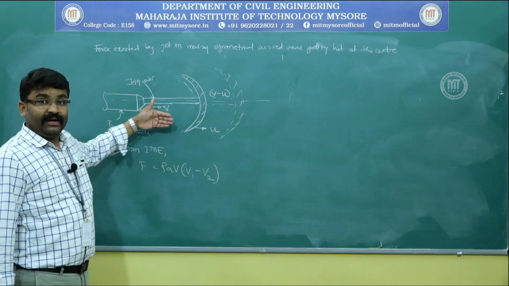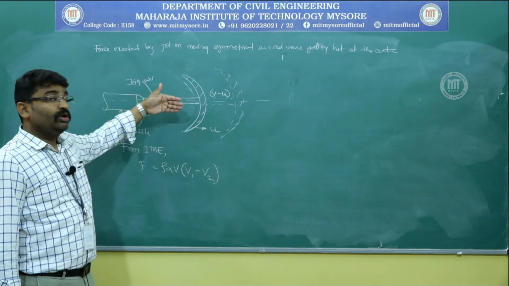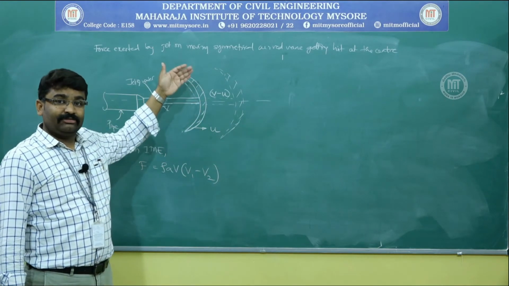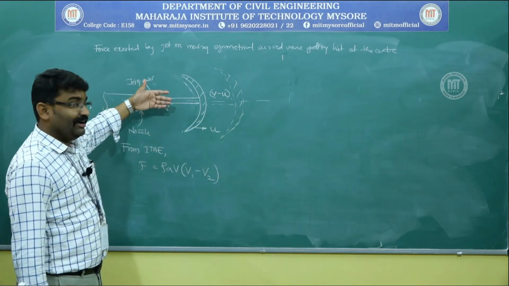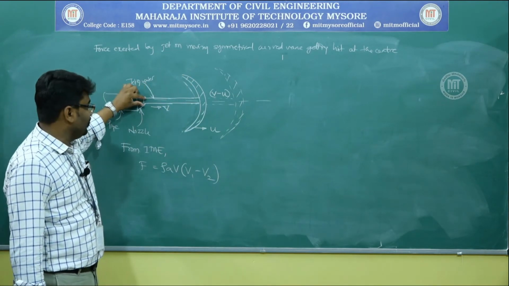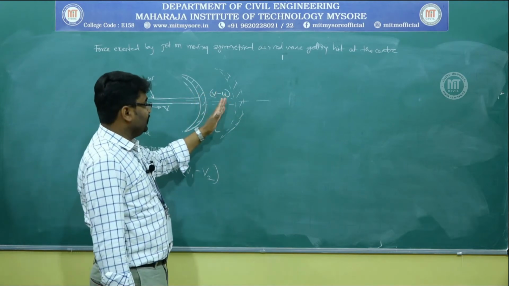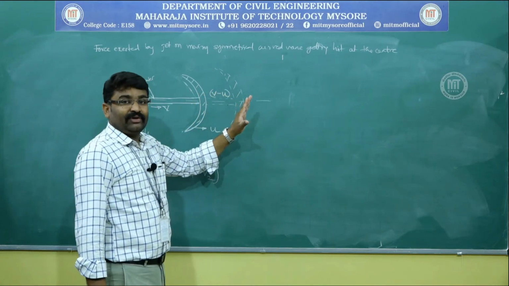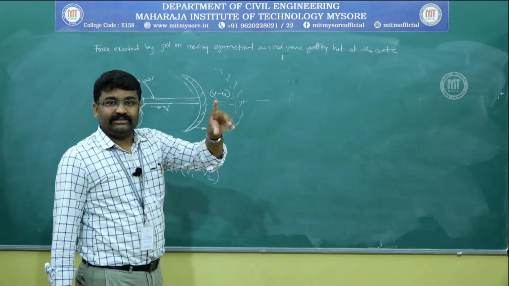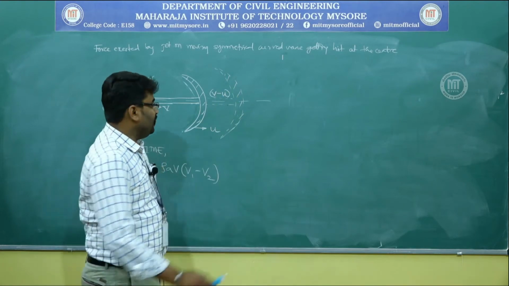I will now try to complete this diagram because I will have to show you how the jet leaves the vane. Now, the jet is coming out of the nozzle with a velocity v, and by the time it reaches the vane, its velocity would become relative velocity and would be equal to v minus u.